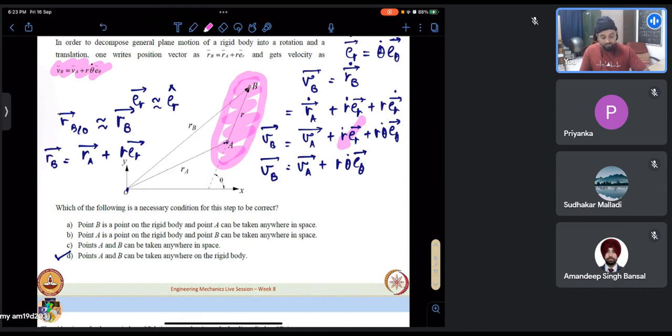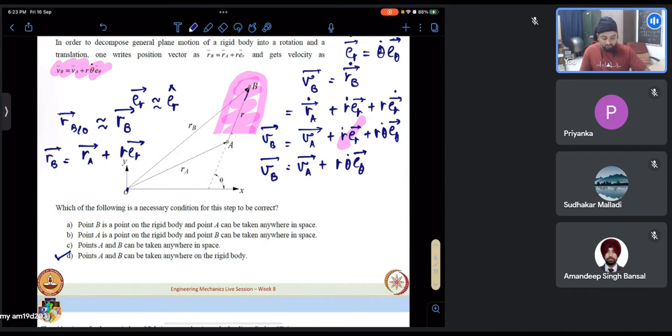If we were to say that point A is correct, that is, point B is taken on the rigid body, and point A can be taken anywhere in space, then essentially we are cutting out this portion. Let us say the pink portion is the rigid body, and this is outside. So this distance need not be constant.